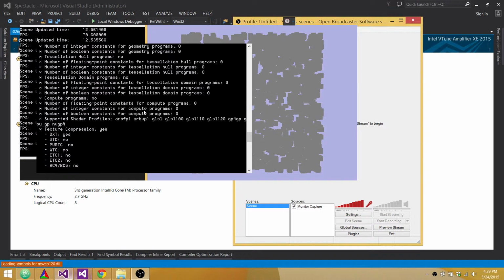So a lot of what I've been doing is familiarizing myself more with VTune. Previously, I was using, if we hit this, VTune's got a number of different options for performing profiles. It's got these algorithm analysis type of things.